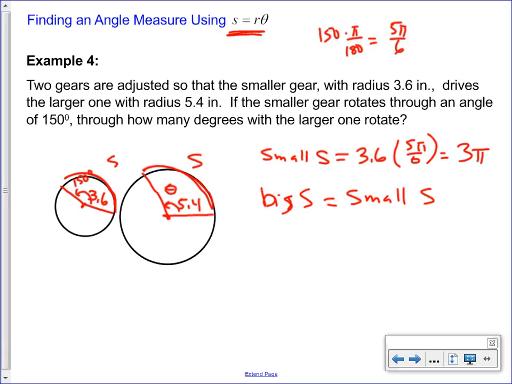And now we just have to find the angle for the big s. So using that 3 pi as your s, we have a radius of 5.4 times theta, because we don't know what that theta is.